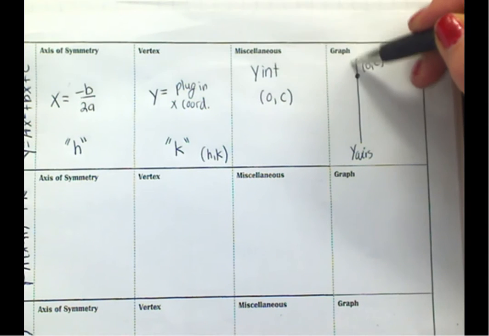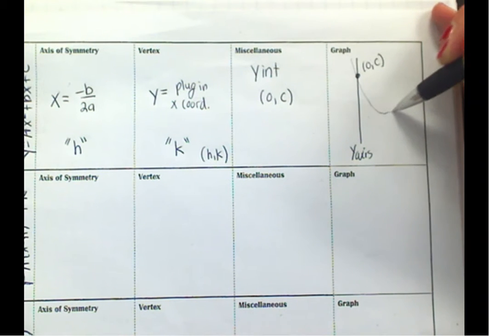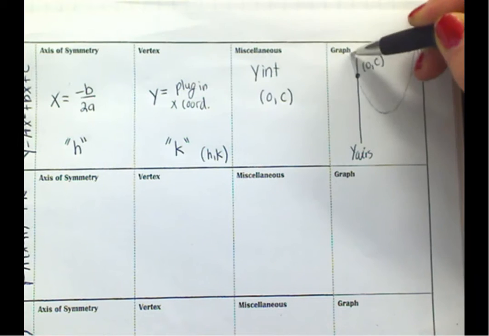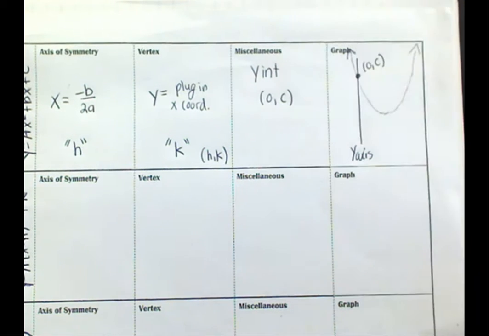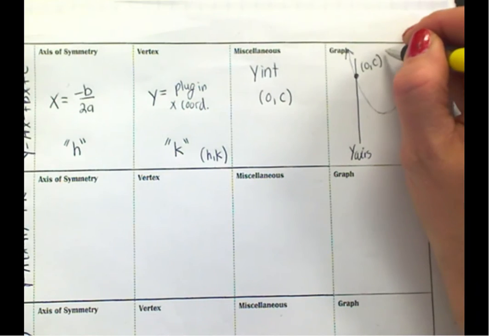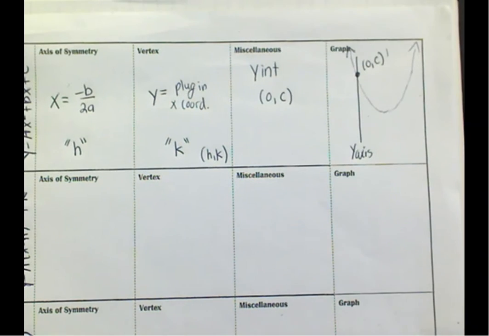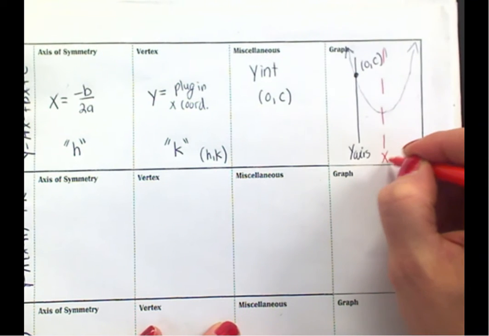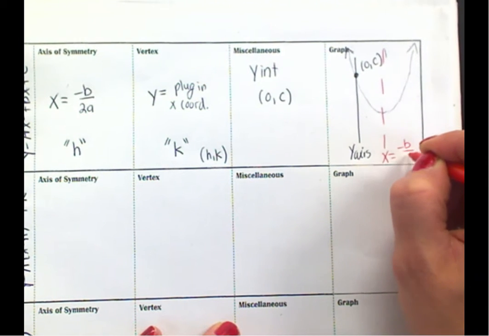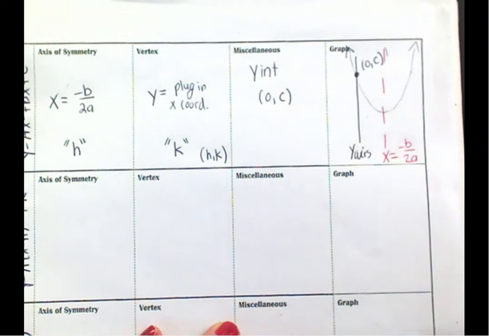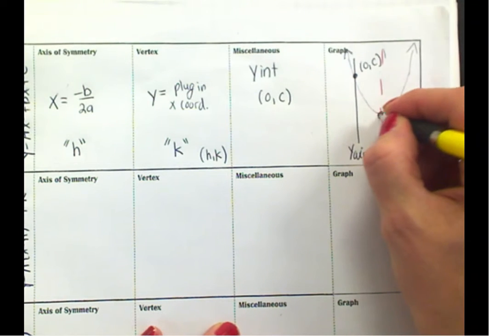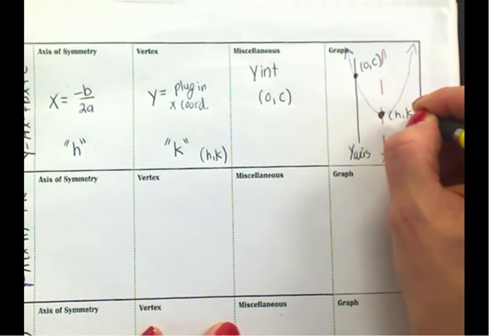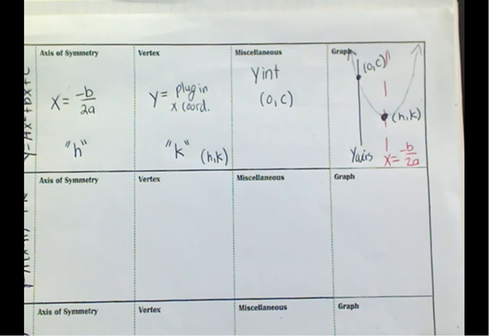And I'm just going to draw a concave up shape. Just a sketch. And I'm going to label the parts that I put down here in the formulas. There's my axis of symmetry. And I should know my vertex. I always want to label my vertex HK.